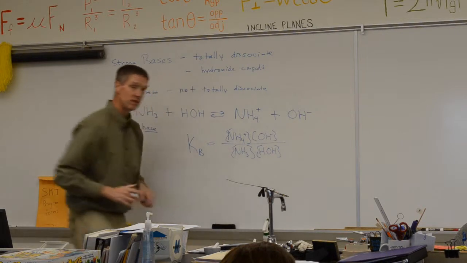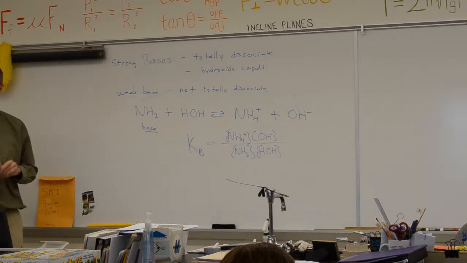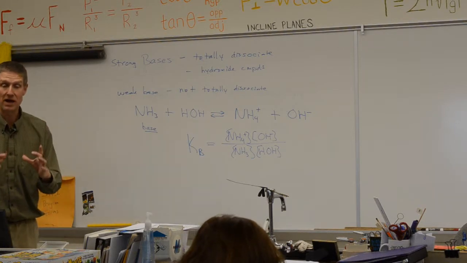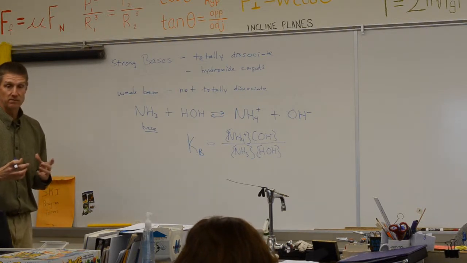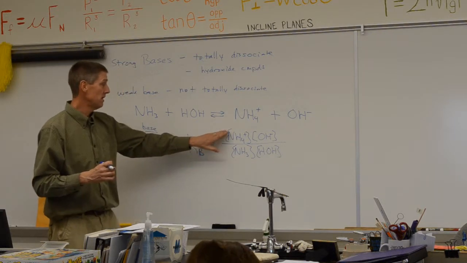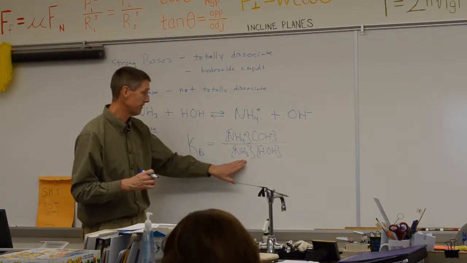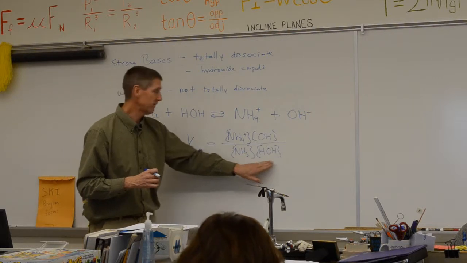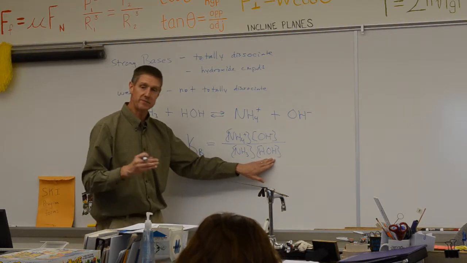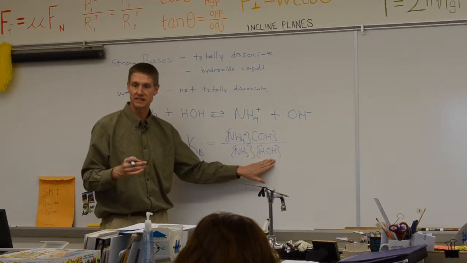Now remember what all of these square bracket parentheses stand for. These are the molarities: the molarity of NH4, the molarity of OH, the molarity of NH3. And what's funny is, how do you have a molarity of water? Moles of water divided by liters of water? It kind of sounds silly, doesn't it?